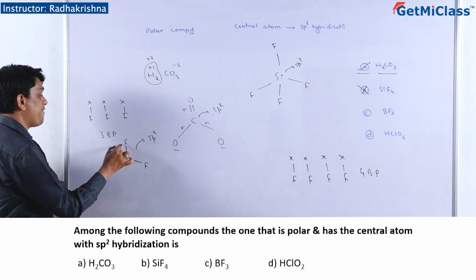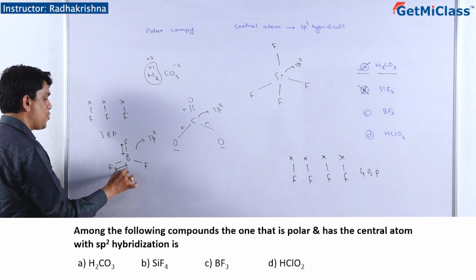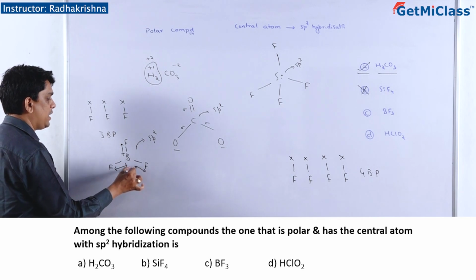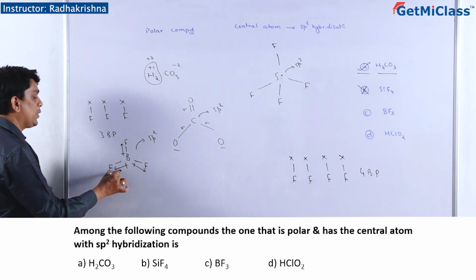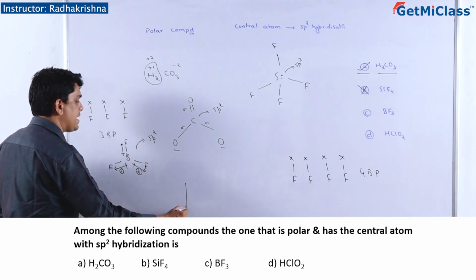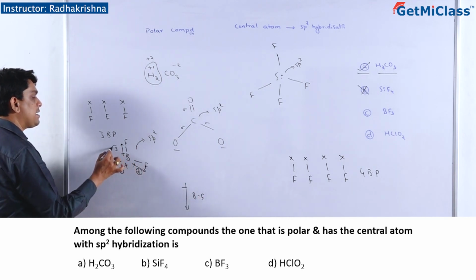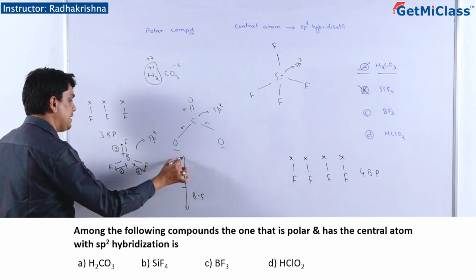Look here, fluorine electronegative, boron positive, fluorine electronegative, boron positive. Look at these two dipole moments, their resultant will be here. And look at this particular dipole moment, it is still here.